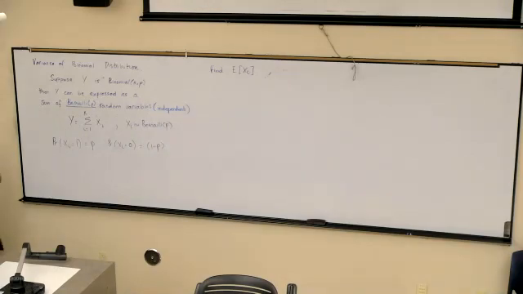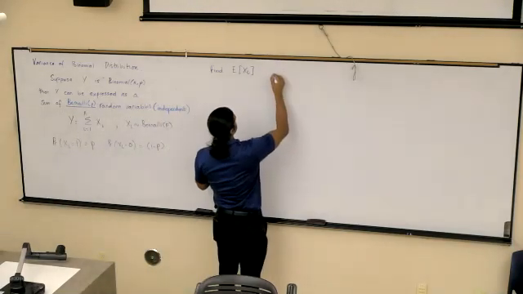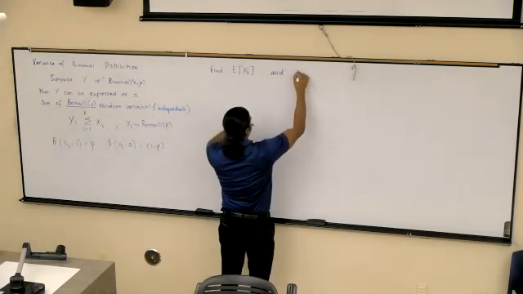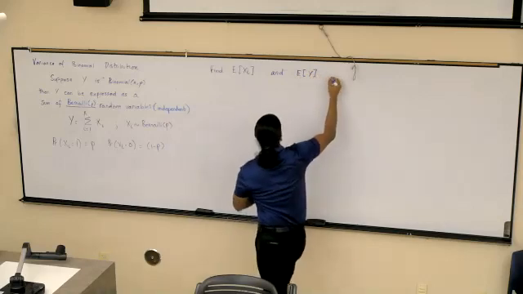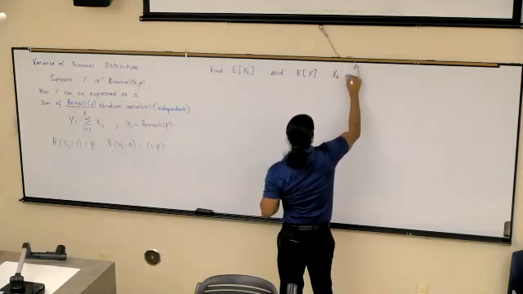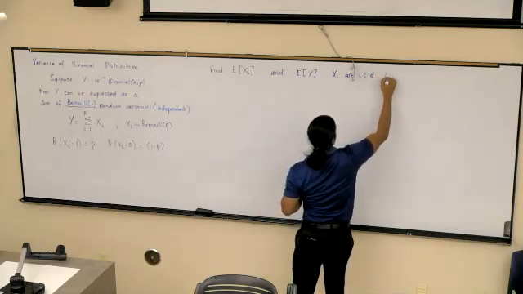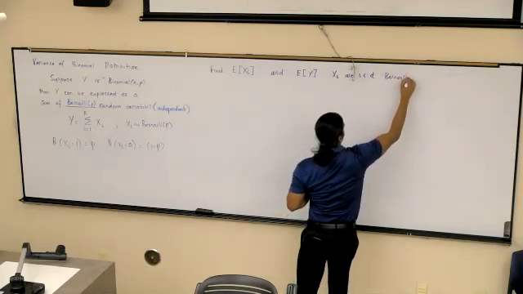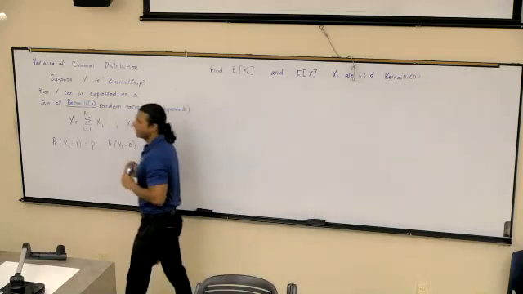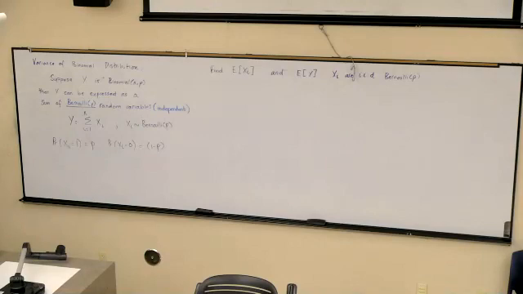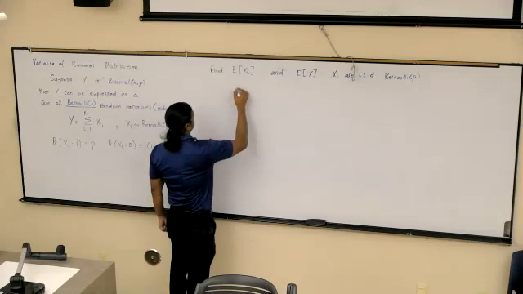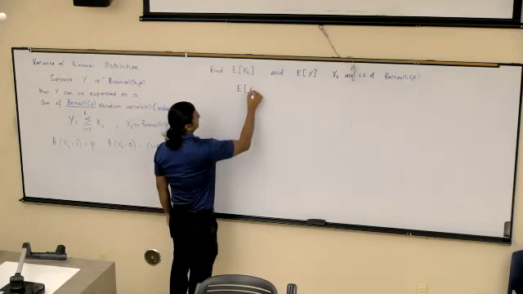Xi are iid Bernoulli p, in the sense that the xi are independent and identically distributed Bernoulli p random variables. So they all behave in the same way. What is the expectation of xi?